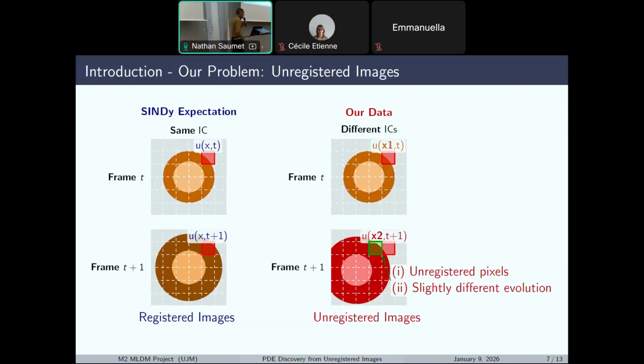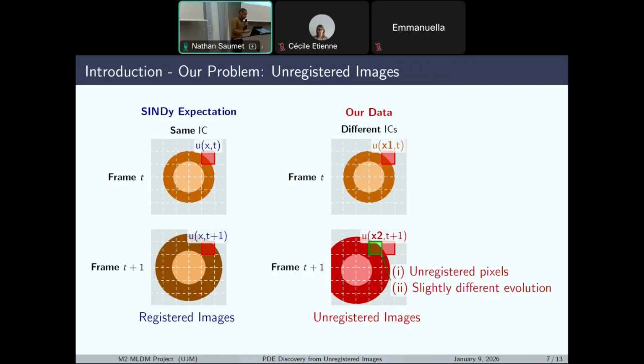And this leads to our main problem, which is unregistered images. So what does it mean? It means that between an image at time t and an image at time t+1, you have unregistered pixels, which means that a pixel at time t does not correspond to the same underlying physical location as a pixel at time t+1.